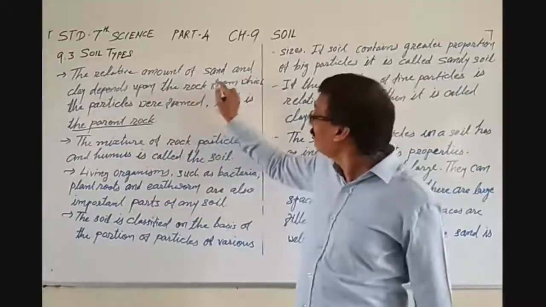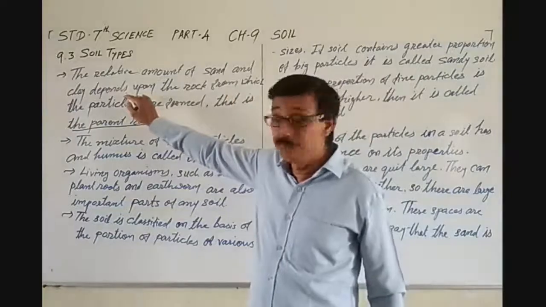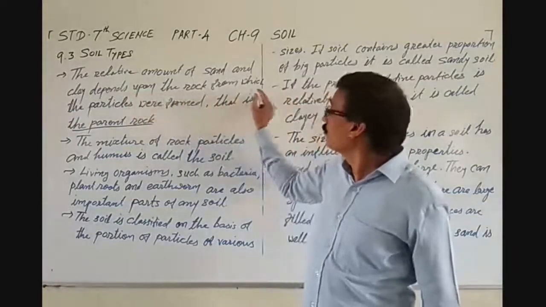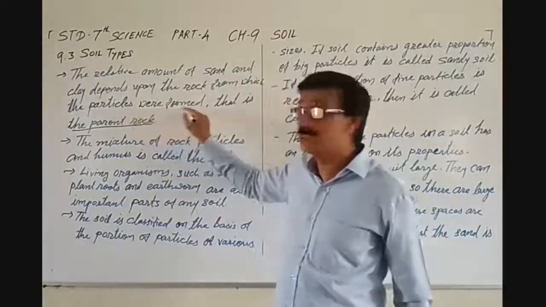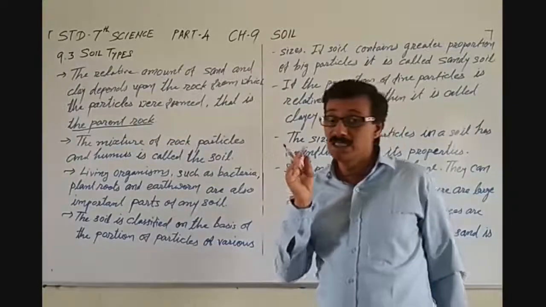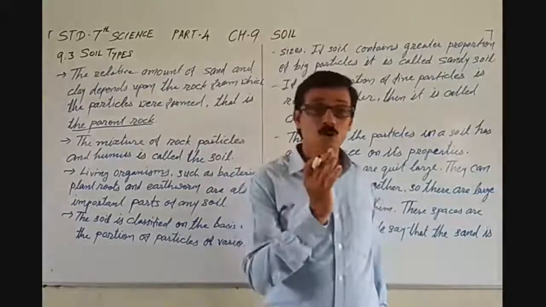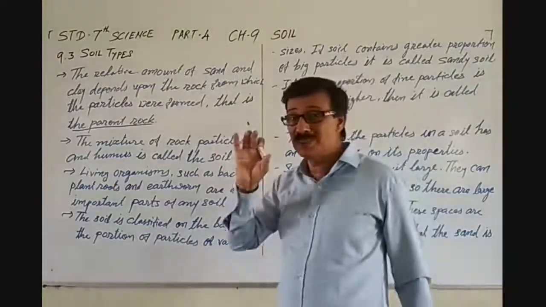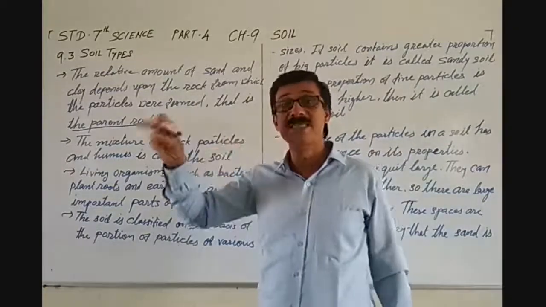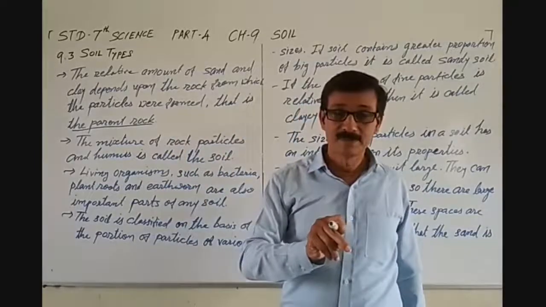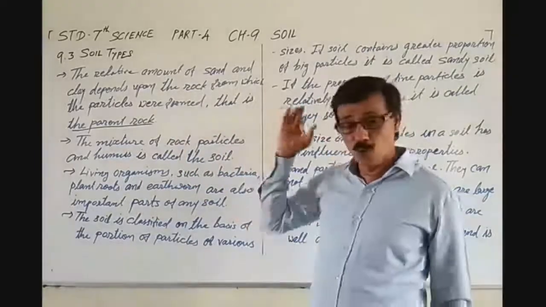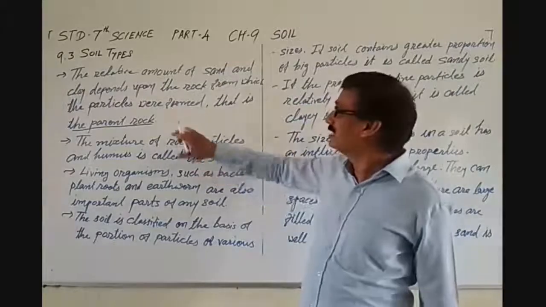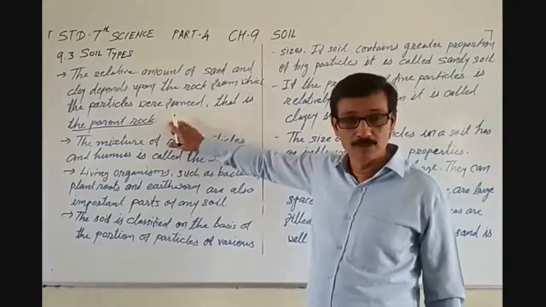The relative amount of sand and clay depends upon the rock from which the particles were formed. It depends upon the different rock. From some rocks, the amount of sand is more than the amount of clay, and those rocks we can say are parent rock.